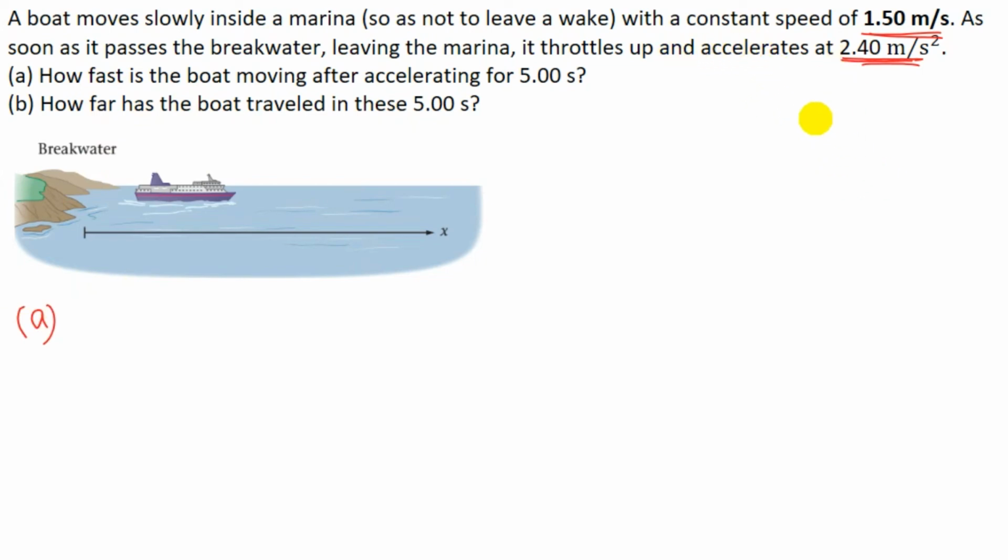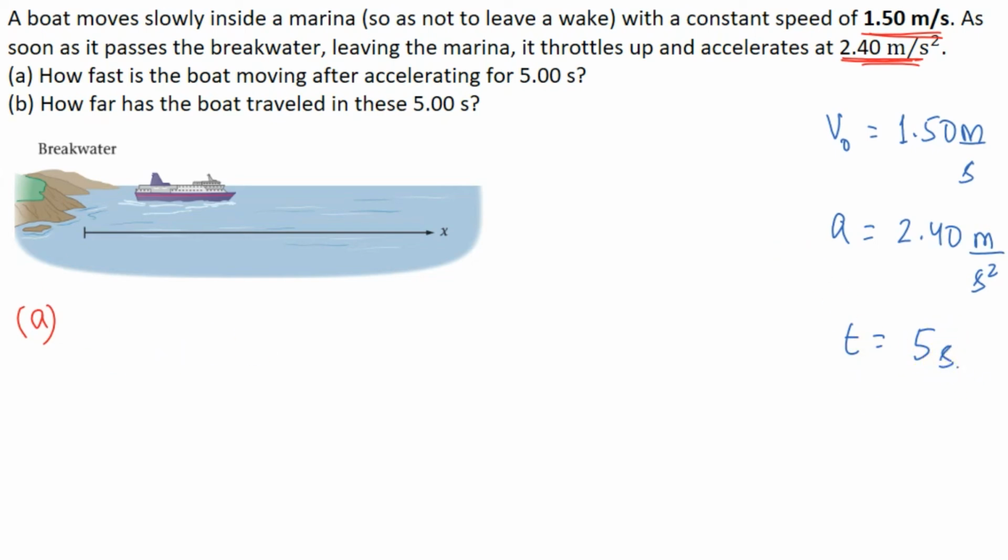The initial velocity for the boat we are given, that is v naught, is 1.50 meter per second, and the constant acceleration a is given to be 2.40 meter per second squared. So time that we have to take to be 5 seconds. So after 5 seconds, what will be the velocity? This thing we have to tell.